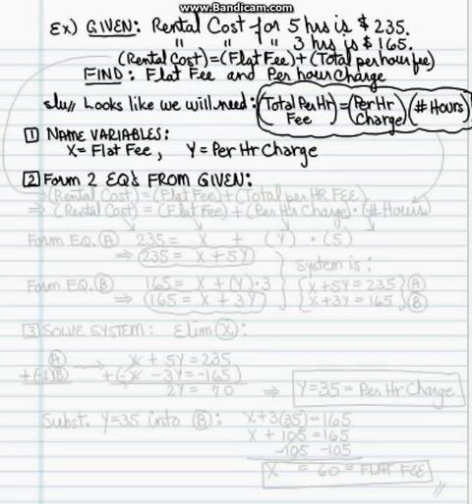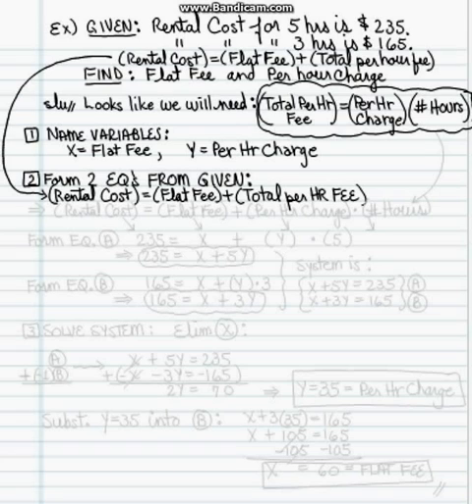Okay, let's see how we're going to do this. We start with the fact they told us the rental cost right here is equal to flat fee plus total per hour fee.